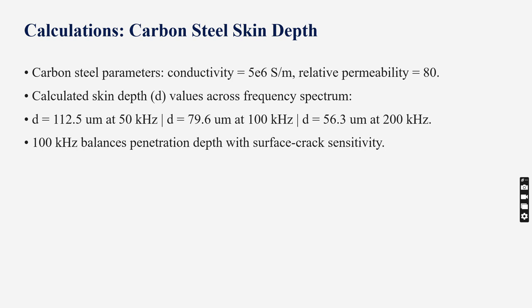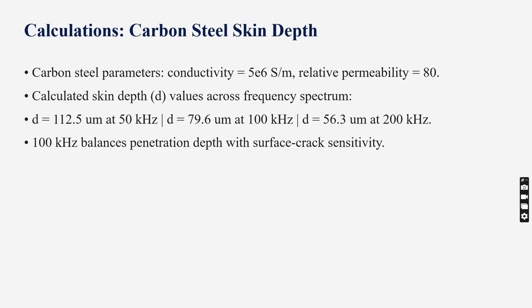On this slide, we'll examine the skin depth calculation for carbon steel, assuming a conductivity of 5 million Siemens per meter and a relative permeability of 80. At a low frequency of 50 kHz, the skin depth is 112.5 micrometers. At 100 kHz, it drops to 79.6 micrometers.